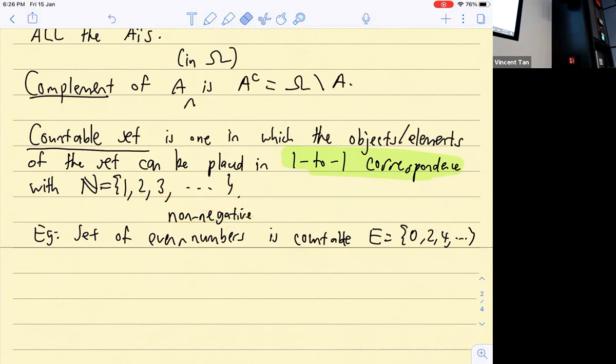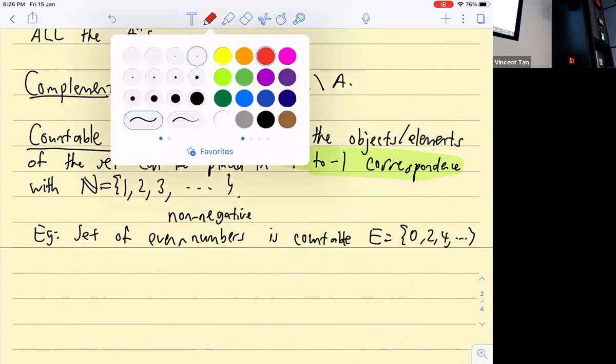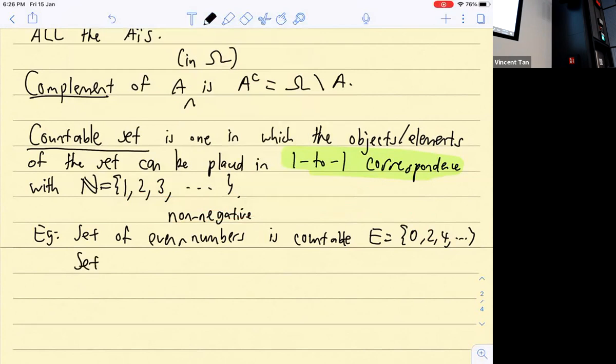Okay. So another example is the following. The set of all integers, Z. The set of integers Z goes like that: -2, -1, 0. So they can be positive and negative. Again, how do we place things in one-to-one correspondence with each other?